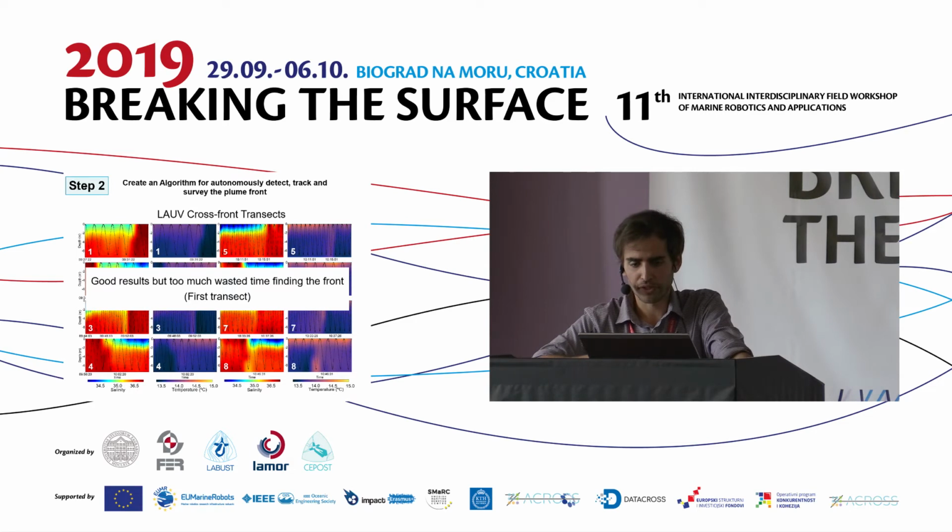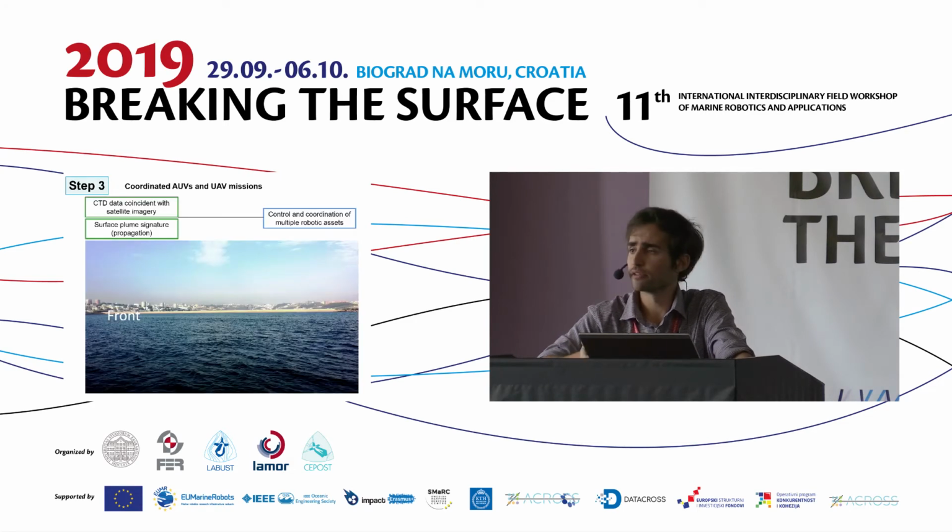So we think maybe we can use a UAV for that first assessment. We need to test the coordination between those 2 different assets. Why not use it in this situation? So we look forward to that and to using it to map the river plume.